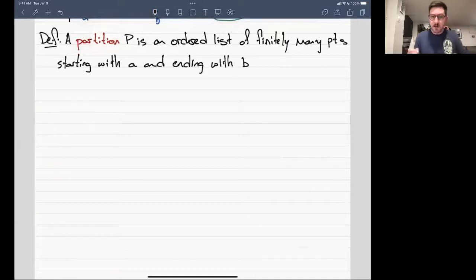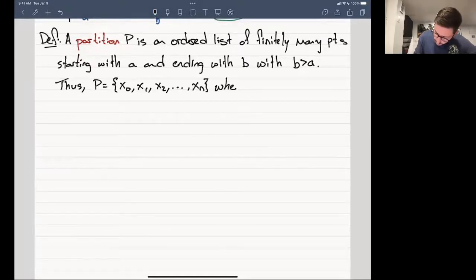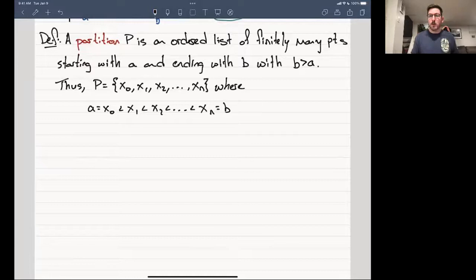So these are included in your listing, with, of course, b being bigger than a. So thus, we can write P equal to, say, x0, x1, x2, all the way up to xn. It's an ordered list where a is your first point, and then your next point is above it, and then your next point is above that, and so on and so forth, until you get all the way to the right-hand side.